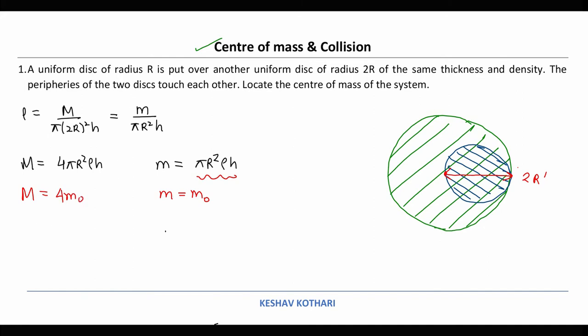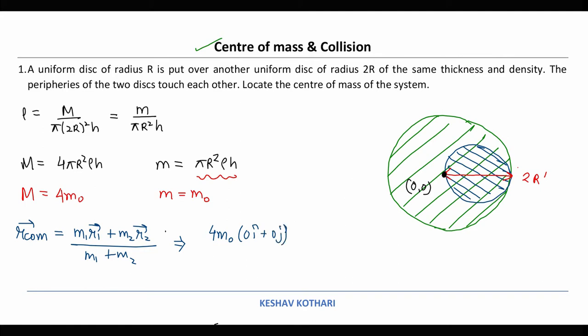So now if I apply the working formula, that is position vector of center of mass is equal to m1 r1 vector plus m2 r2 vector upon m1 plus m2, then considering that our origin is at the center of this large disk, I can say that the value of m1 is equal to 4 m naught, and its center is equal to 0 i cap and 0 j cap, plus m naught.